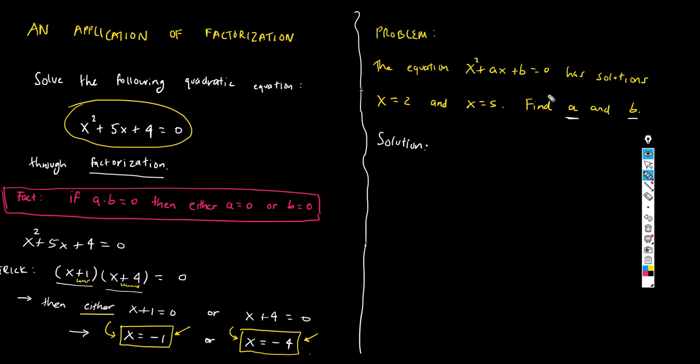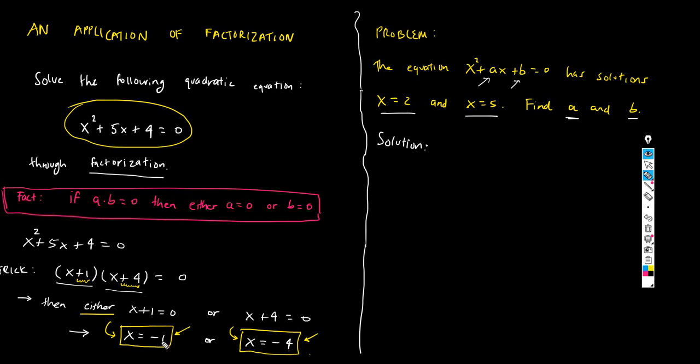Okay, so once again, they are basically going backwards. They're giving me the solutions, and then they want me to find these two numbers. So if you paid attention to what I said here, these two solutions to this equation are the negatives of these two terms in this binomial.